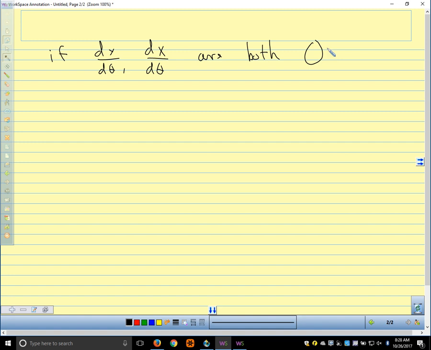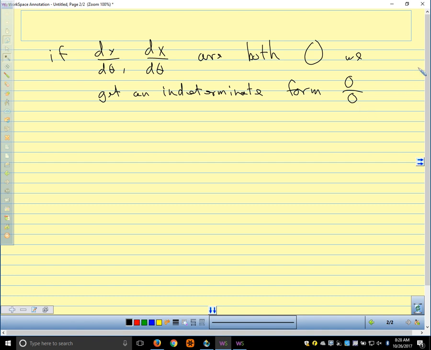We get 0 over 0. Usually when that happens, we're going to have a cusp or something happening at that particular point.